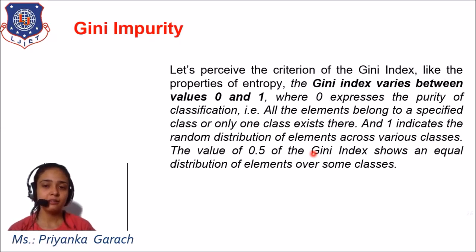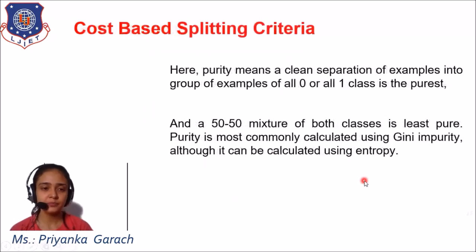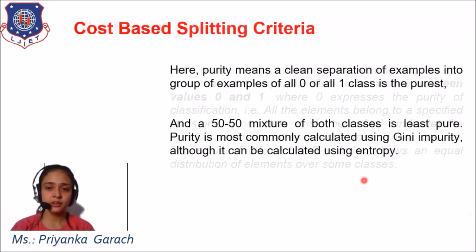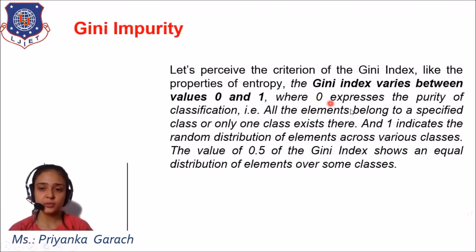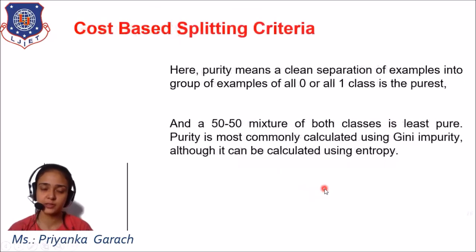1 indicates the random distribution of elements across various classes, and a value of 0.5 of the Gini index shows an equal distribution of elements over the classes. So here they are telling what the 0 expresses, what the 1 expresses, and what the 0.5 Gini index expresses.